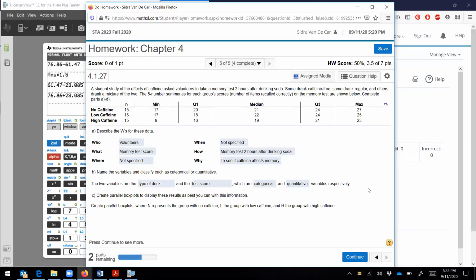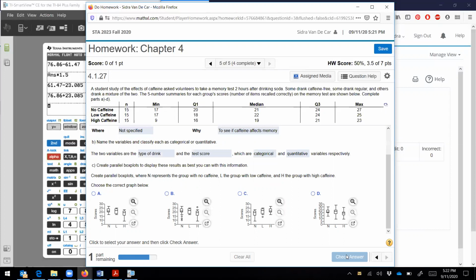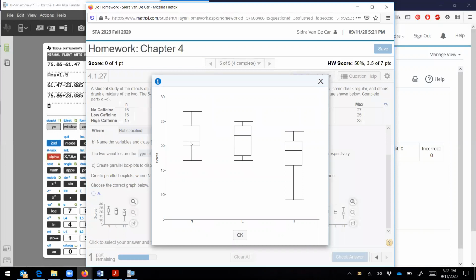Create parallel box plots to describe the data. Okay. So now if I look at this, the no caffeine should have a median at 21, and then the low caffeine at 22, and the high caffeine at 19. 21, 22, 19.